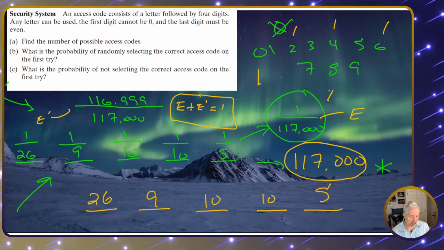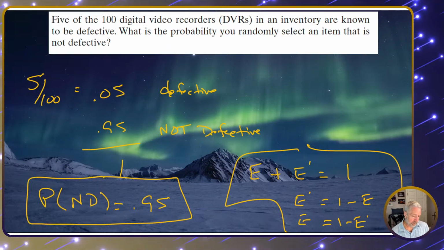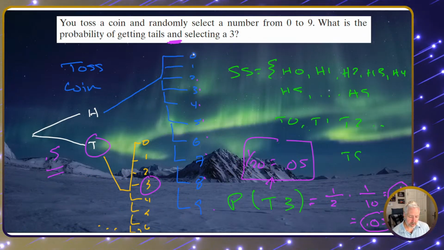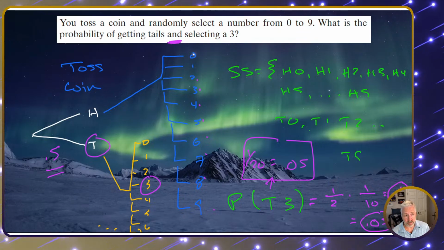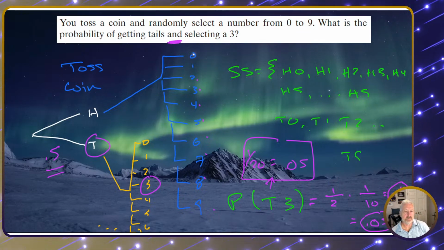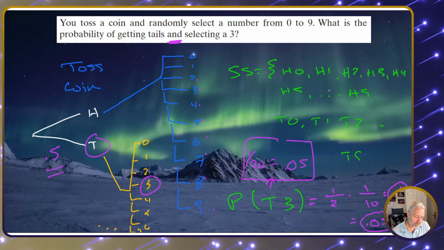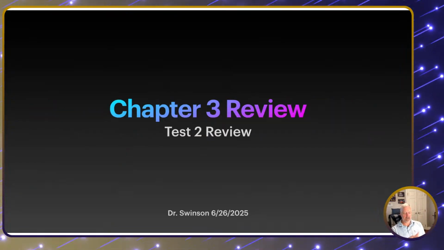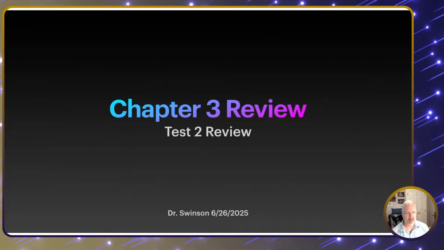Okay? And then another example for basic probability. A very poorly drawn, but very accurately drawn tree diagram. Just has a lot of parts that are a little bit too big for my screen here. And then when you go back here, we had some overview. There we go. That's the end of my Chapter 3 review.